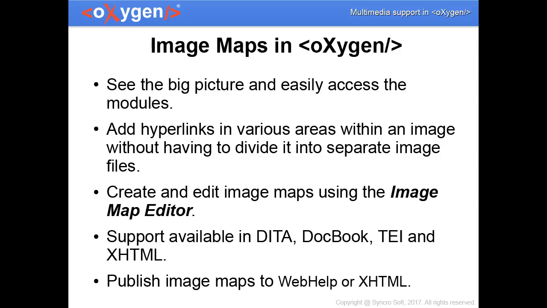In order to use the image map support, we have developed the image map editor, which we will see in just a few moments. And again, this is meant for the output, and everything works great.